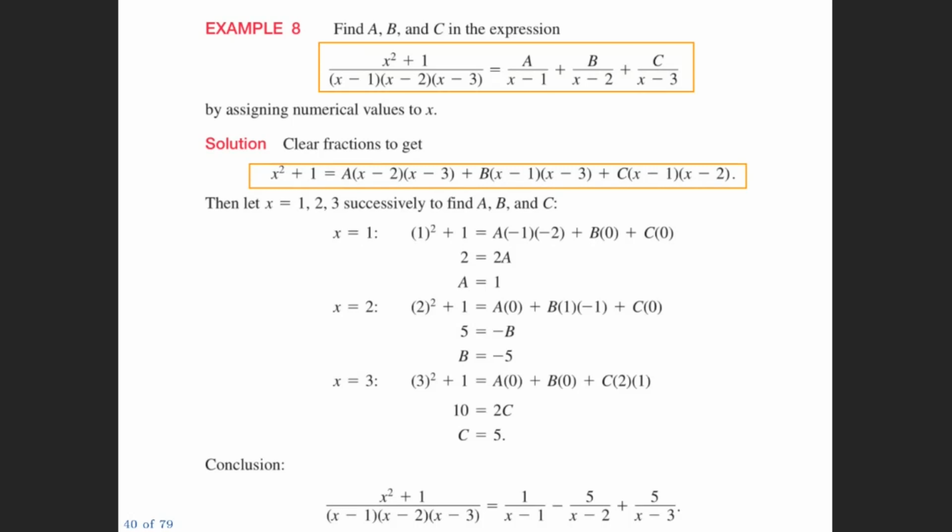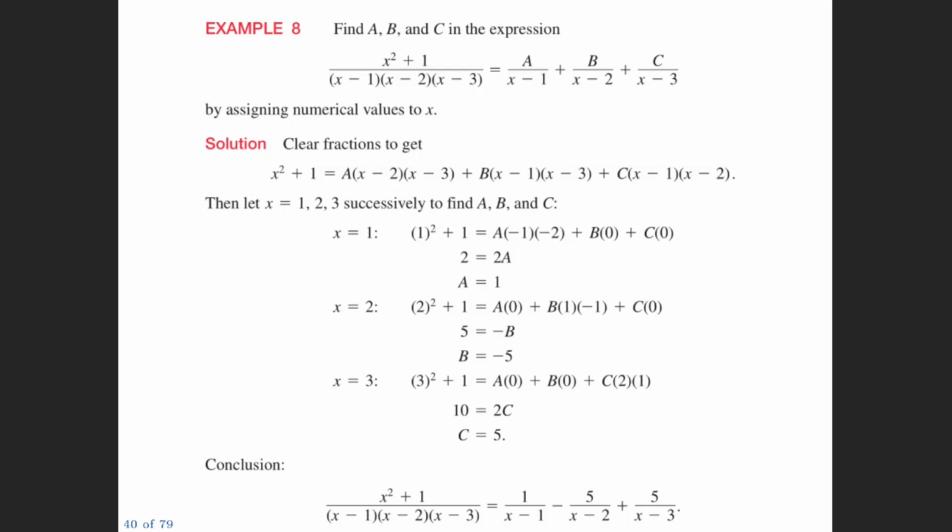Let's see what happens. First, we can see what happens if we put x is equal to 1. And the answer is, let me simplify. Looking at this equation in the orange box, if we put in x equal to 1, on the left side we get 1 plus 1. On the right side we get 2a plus 0 plus 0. So that's an easy way to find a as 1. And then we might say, let's try x is equal to 2.